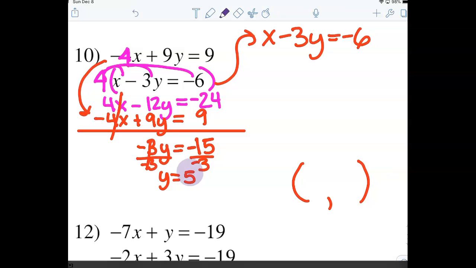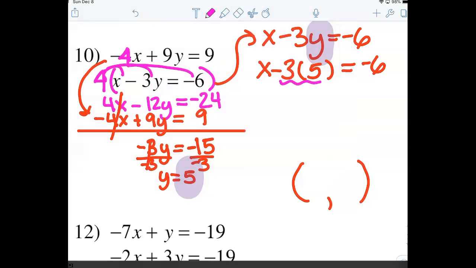So when I do that, I'm going to take that 5 and plug it in for the y. So I'm going to get x minus 3. I put parentheses always and a 5. These parentheses now mean that I'm going to multiply. Okay, so I get negative 15 equals negative 6. I want the x by itself.